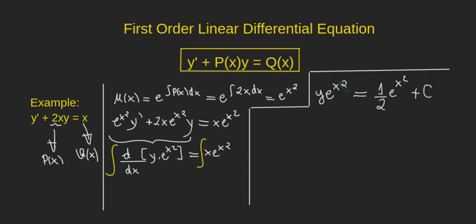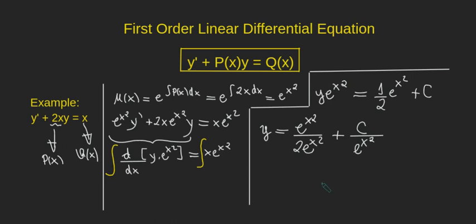Okay, so isolating the value of y, we pass this to the other side, and we get e to the x squared dividing this one, plus e to the x squared dividing the c constant as well.